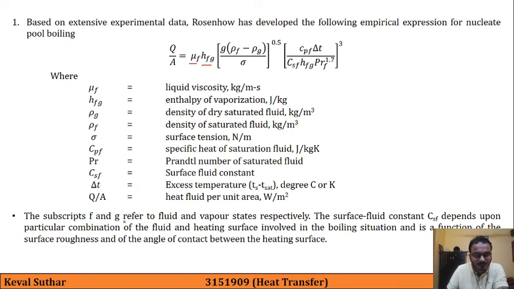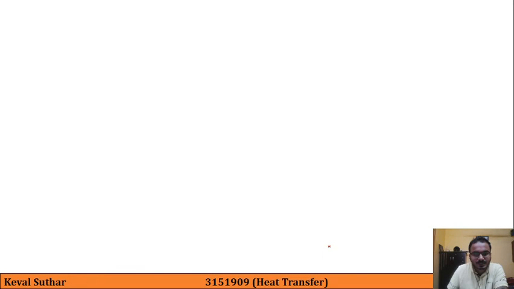Here the subscripts f and g refer to fluid and vapor states respectively, and the surface fluid constant C_sf depends on the particular combination of fluid and heating surface involved in the boiling situation, and is a function of surface roughness and angle of contact between the heating surface.